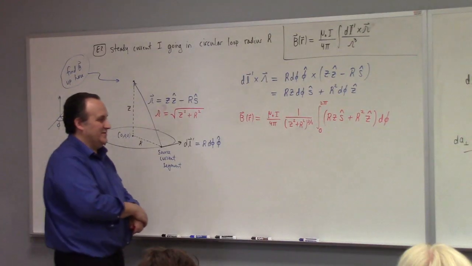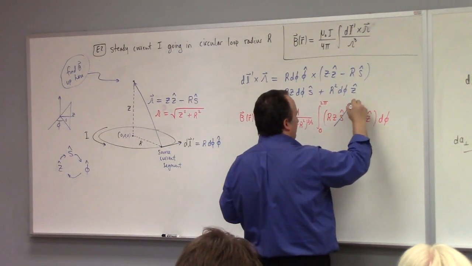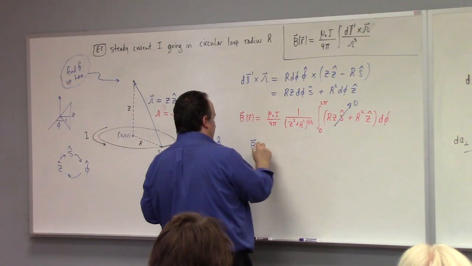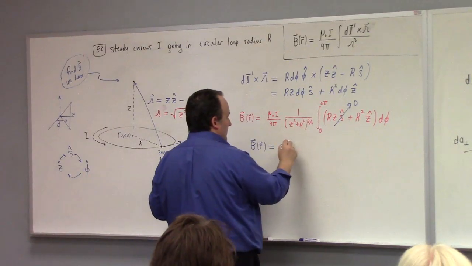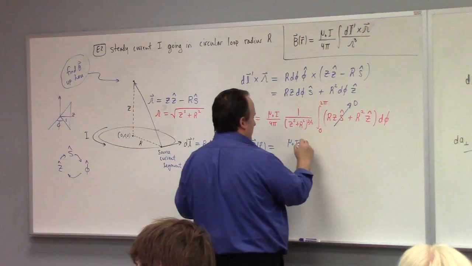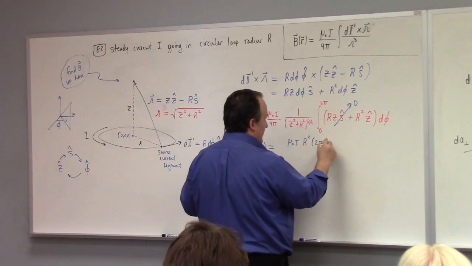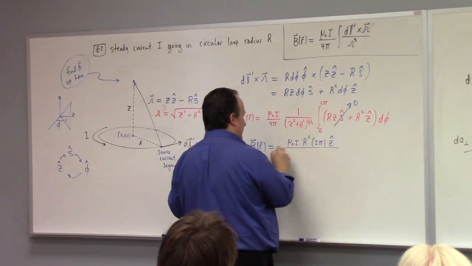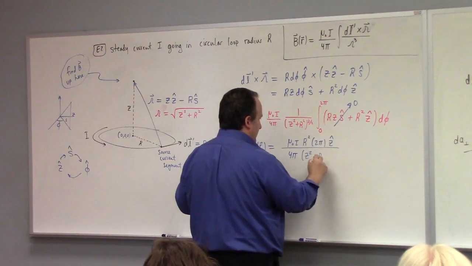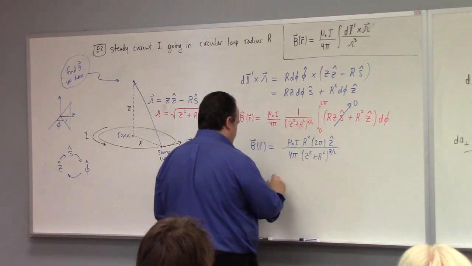So exactly this piece integrates to 0, and we're just left with B is mu naught I r squared times 2 pi z hat divided by 4 pi times z squared plus r squared to the 3/2, which we could clean up a bit.